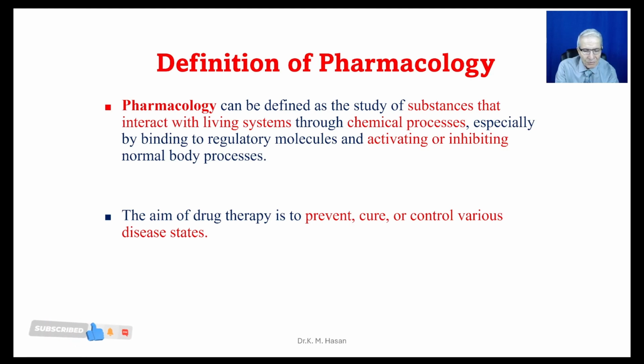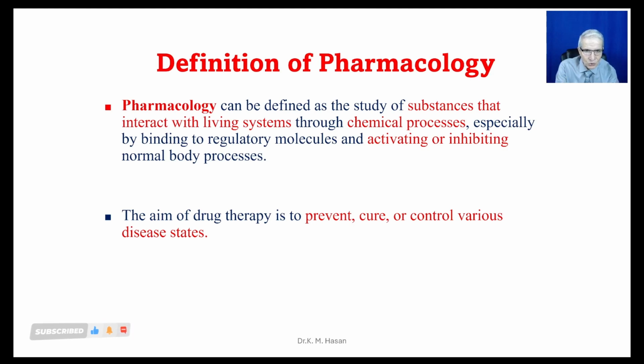We may give the vaccine to prevent chickenpox, cholera, or tetanus. So we have several types of medication or vaccine substances to prevent disease.